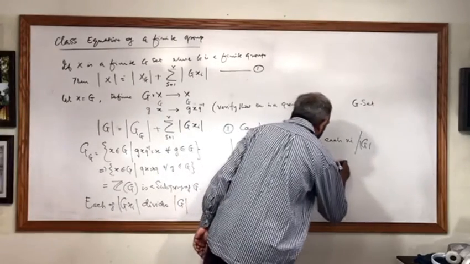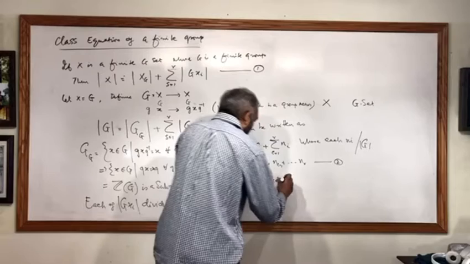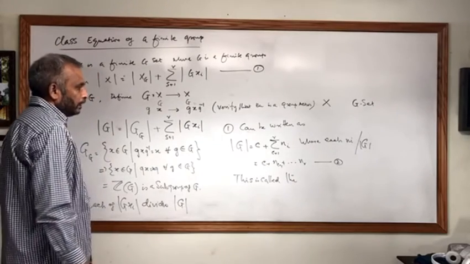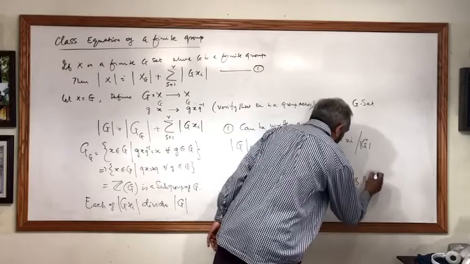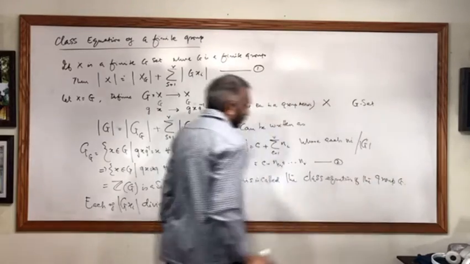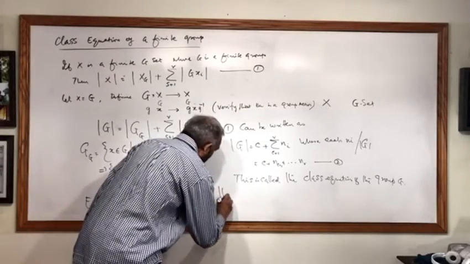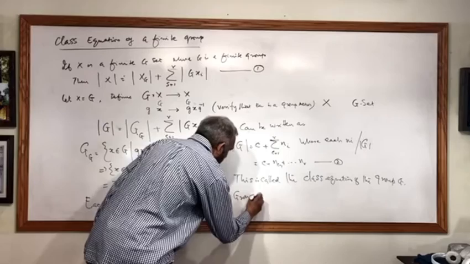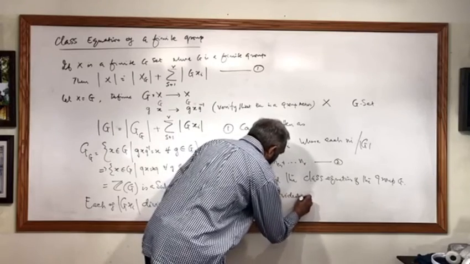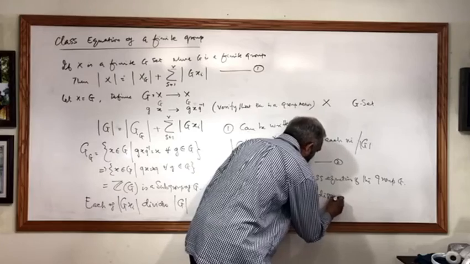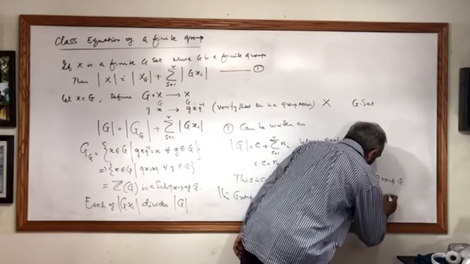This is called the class equation of the group G. Actually, what is happening here is the group G is divided into disjoint classes by conjugation.